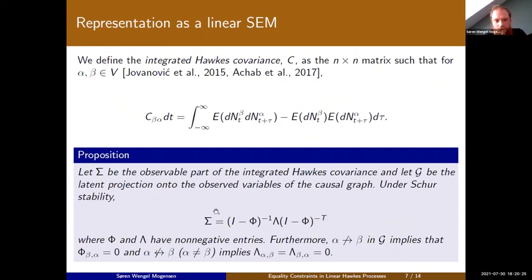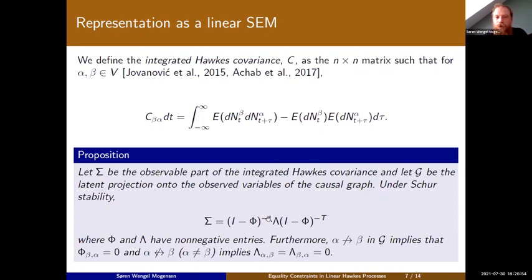I should also say that these matrices phi and lambda have a sparsity which is encoded by the latent projection. Essentially, if the latent projection onto the observed variables has no directed edge from alpha to beta, then I have a certain sparsity in the phi matrix. And if there's no bidirected edge, then I have a certain sparsity in the lambda matrix.